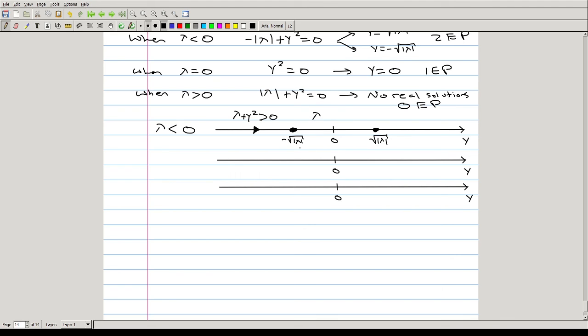When y is between negative square root of lambda and positive square root of lambda, lambda plus y squared is going to be negative.